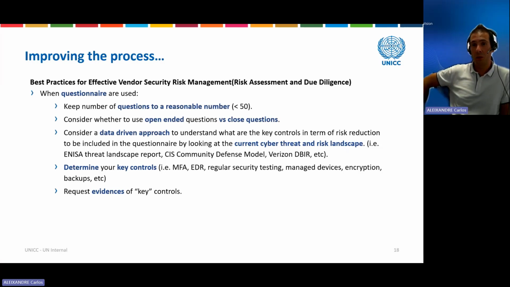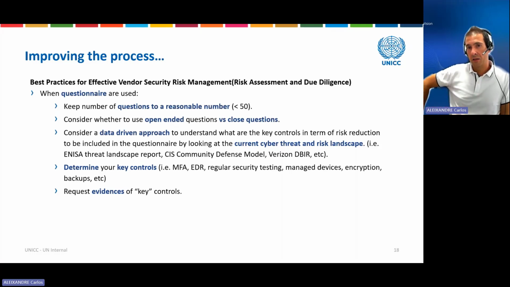Then the next one is to consider a data-driven approach to understand what the key controls are in terms of risk reduction to be included in the questionnaire, by looking at the current cyber threat and risk landscape, right? And this is why I was mentioning at the beginning that it's important to understand what the current threats are, so we can add in our questionnaire the key controls that can mitigate the risk.